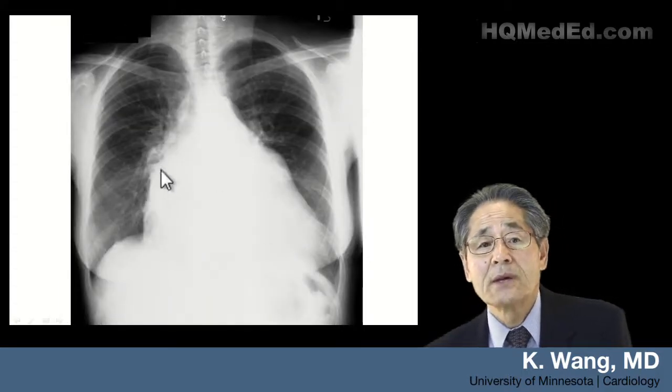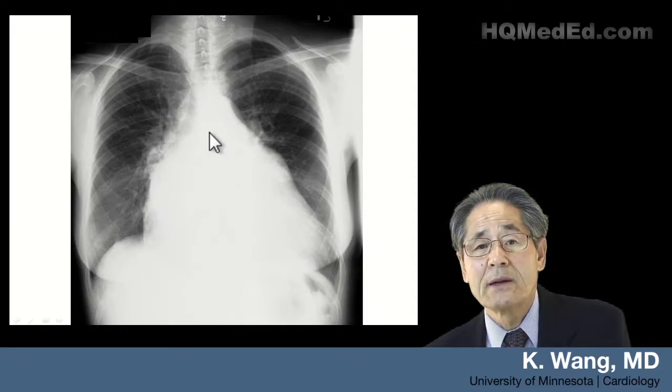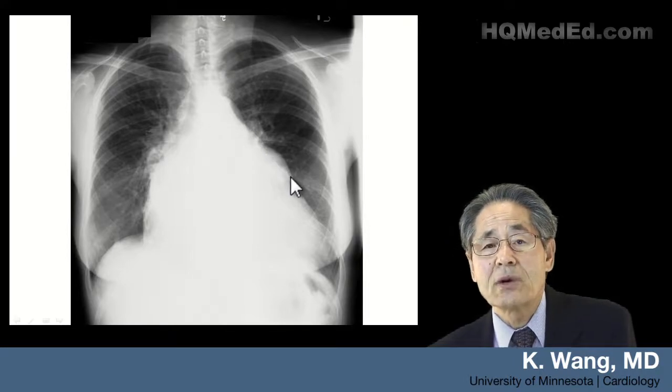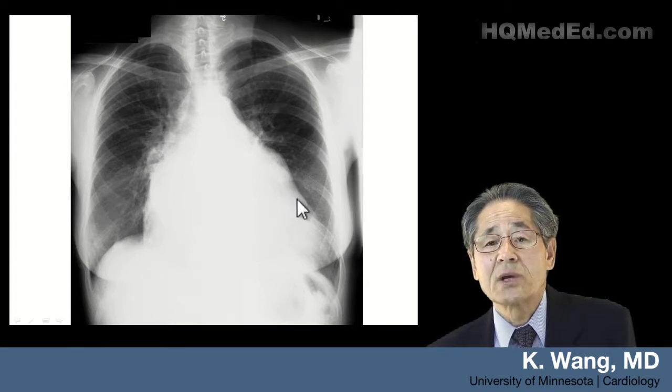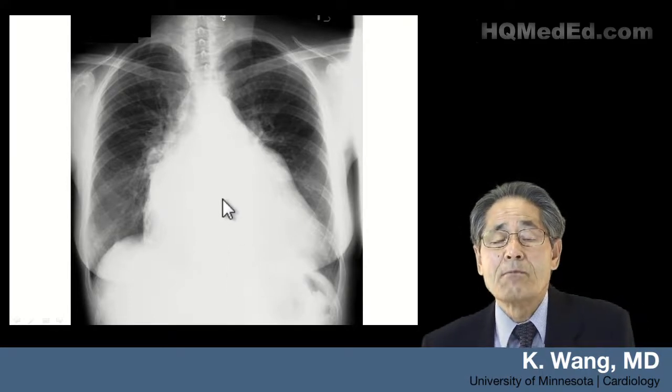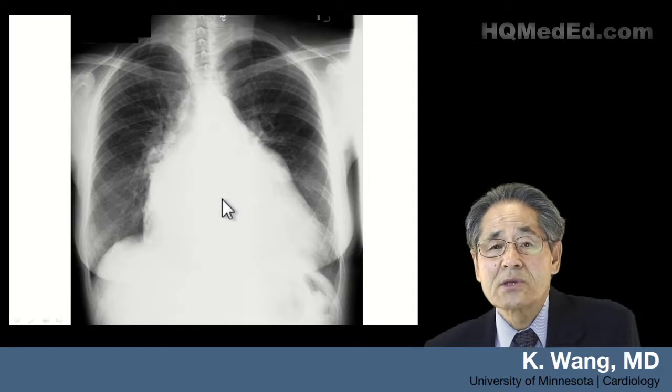This one has a double density here, reflecting enlarged left atrium, and a bulge here, reflecting a dilated left atrial appendage. Then there's a combination of left ventricular enlargement. So this will be the picture of combined mitral stenosis and insufficiency.